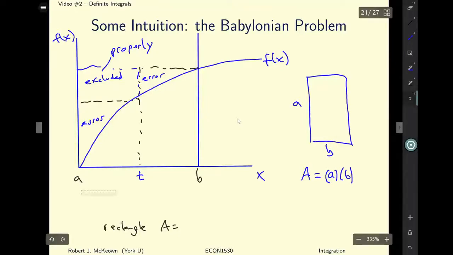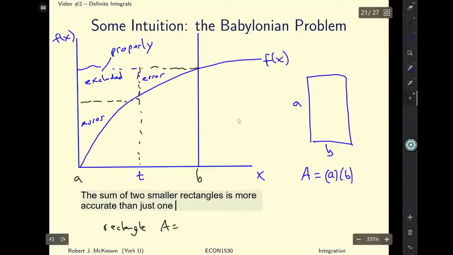Let's write that down. The sum of two smaller rectangles is more accurate than just one larger rectangle at estimating the area underneath the curve.